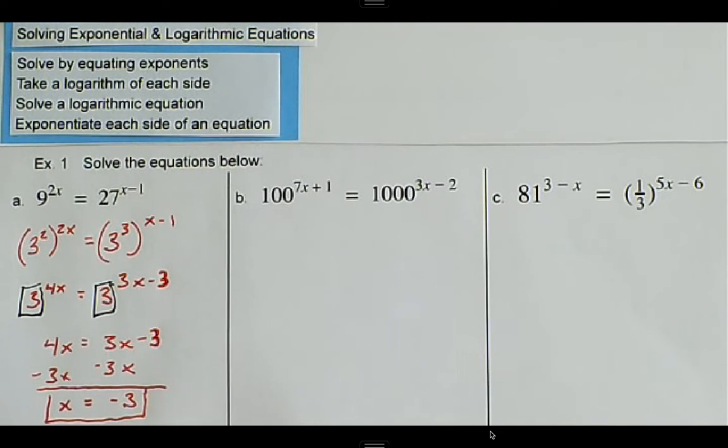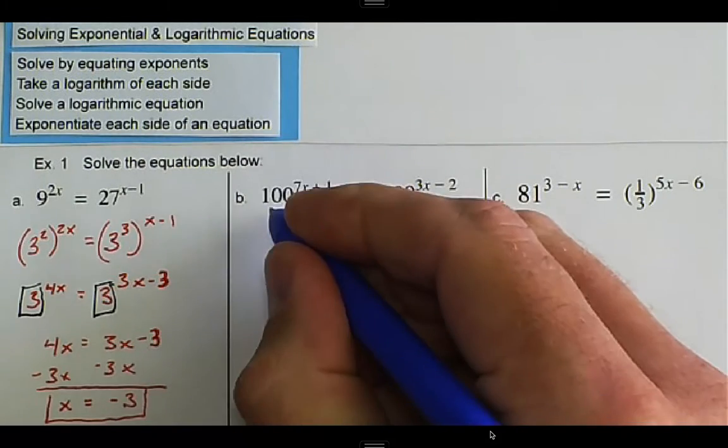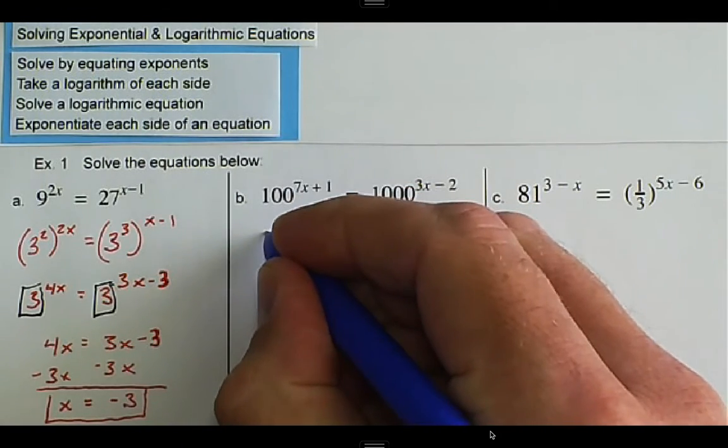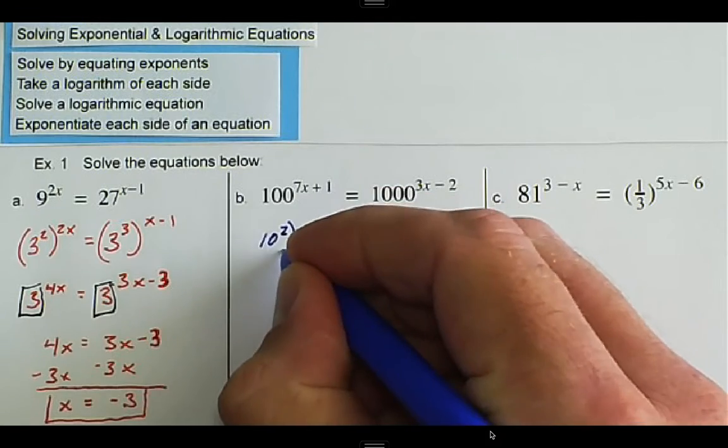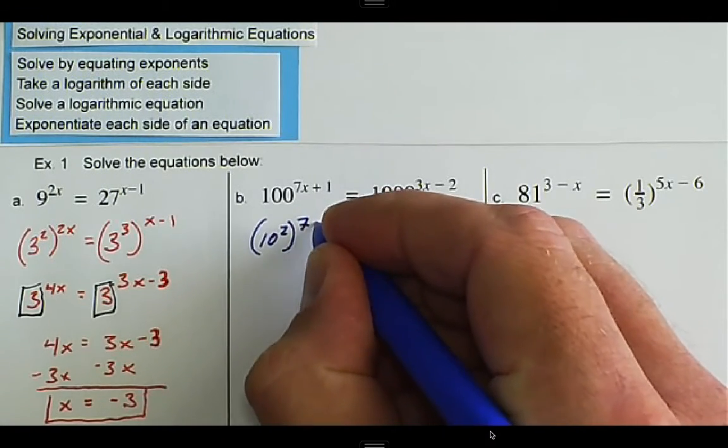We look at example B, and again, we want to have the same base. And so we have 100 and 1,000, so we can write that. One way that we can write 100 is as 10 squared raised to the 7x plus 1.